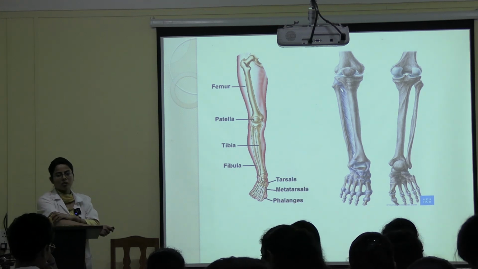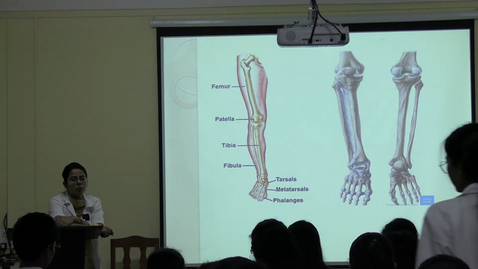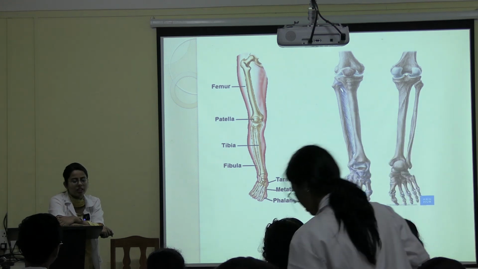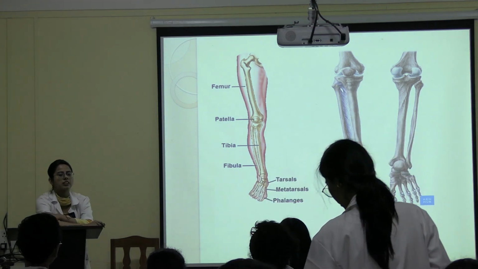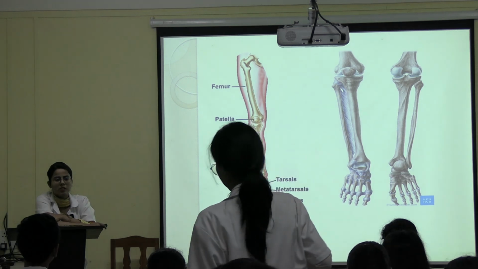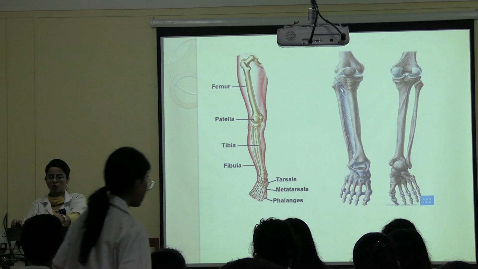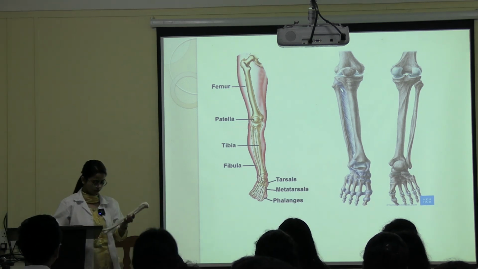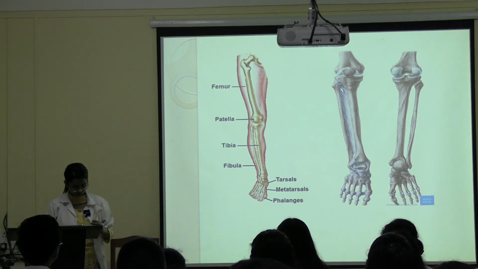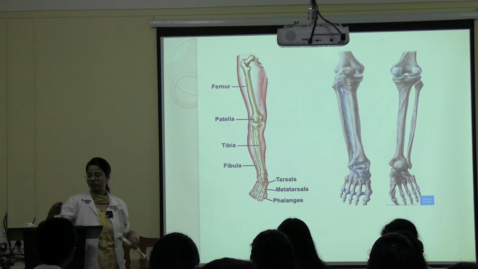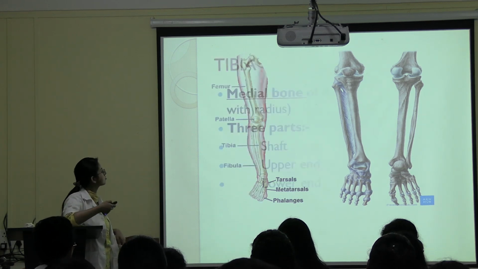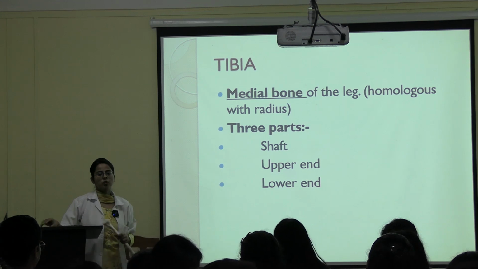So tibia is the medial bone of the leg. Okay, what is the other bone which is present in the leg? Fibula. So tibia is present medially. Clear? So this is the bone. It is the medial bone of the leg.